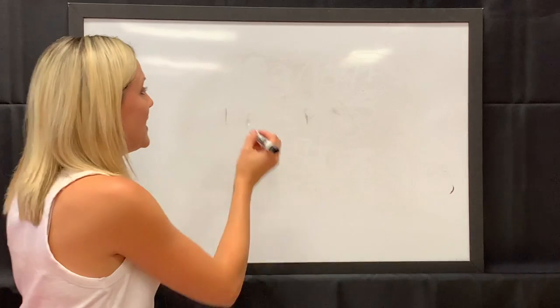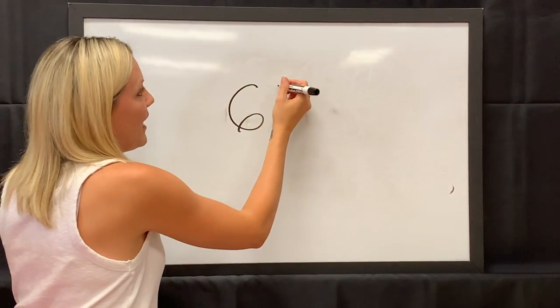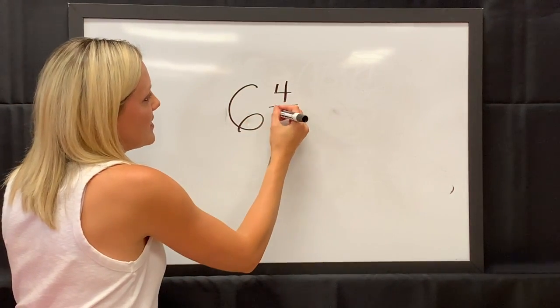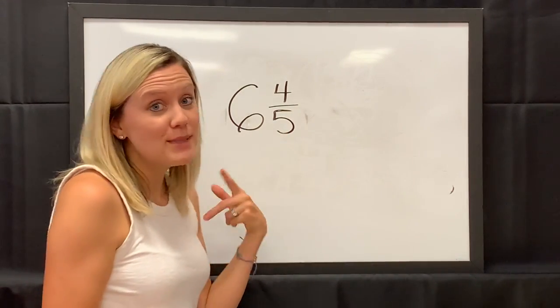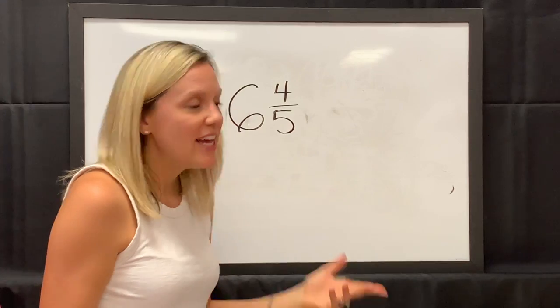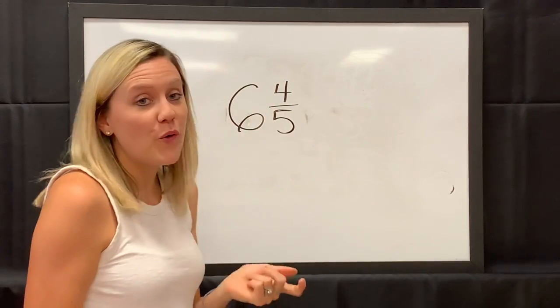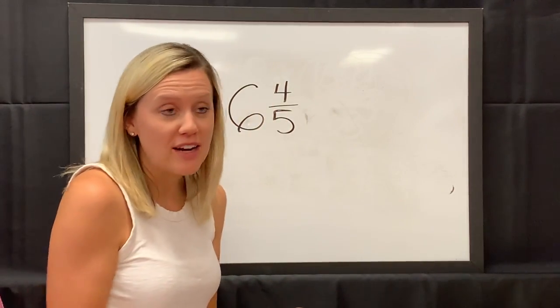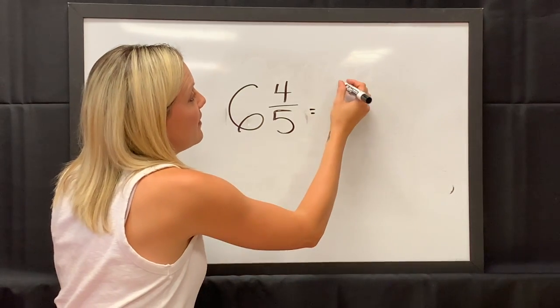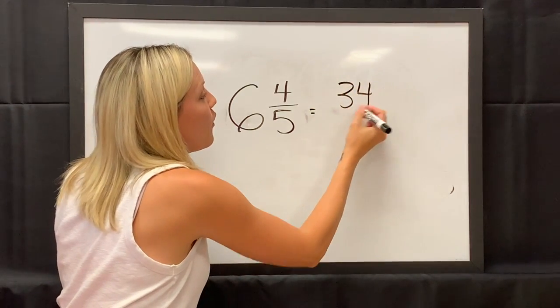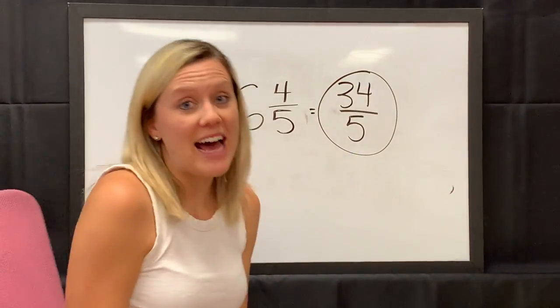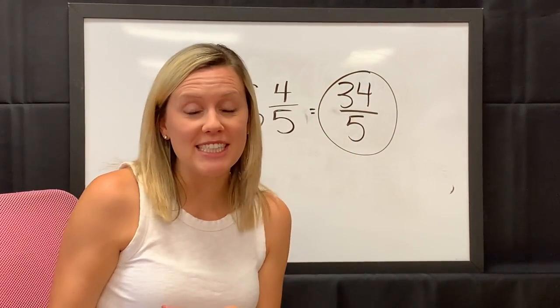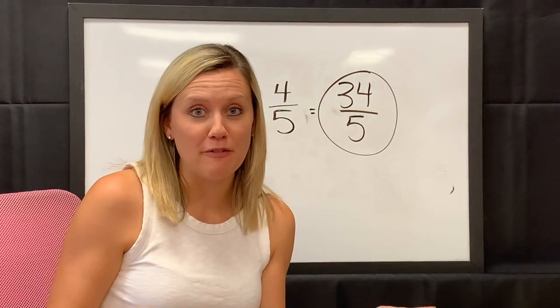Let's do 6 4/5. Okay, 5 times 6 is 30, and 30 plus 4 is 34. So I'm gonna have 34/5. And that is how you turn a mixed number into an improper fraction.